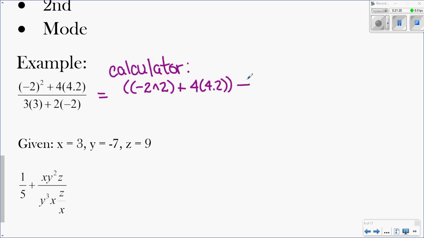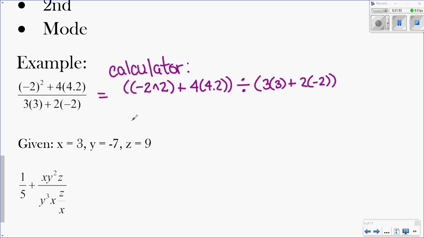Then you're going to have the division symbol, parentheses, 3, parentheses 3, close parentheses, plus 2, parentheses negative 2, that negative that's below the 3, and then another parentheses to close it up. So that's how you're going to type it in the calculator. And then just make sure everything is in its spot.